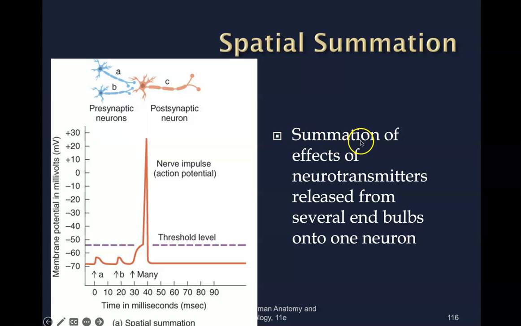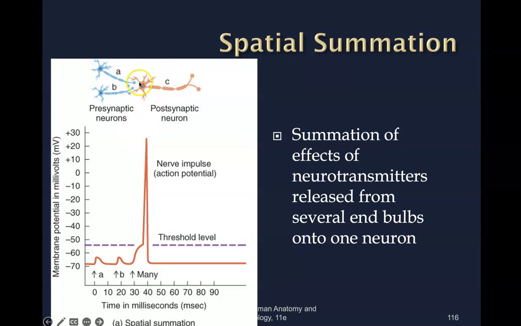So spatial is the summation of the effects of multiple different synaptic end bulbs that are contacting this, presynaptic. I'm so sorry, I said postsynaptic. It's going to be the summation of all of these presynaptic end bulbs onto this one neuron.